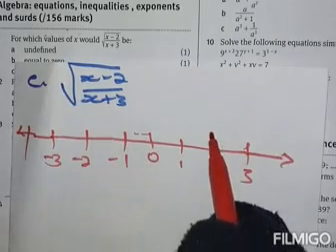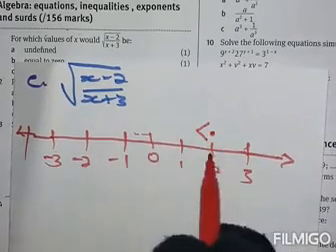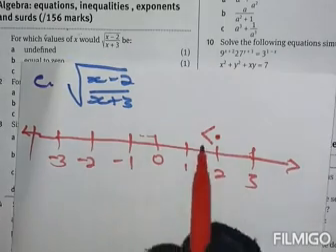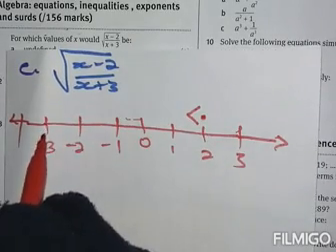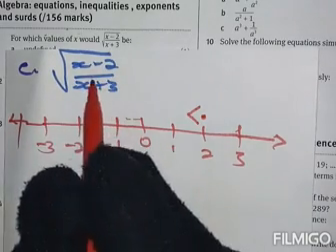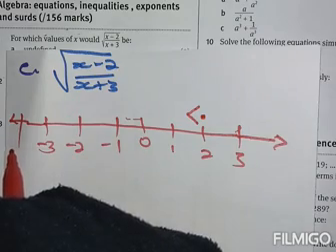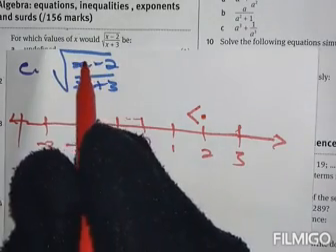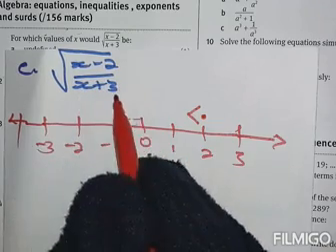But if we continue with this number line, we'll find that if we substitute -3, this expression becomes undefined. But if we substitute -4, we have a negative number over a negative number, and a negative number divided by a negative number gives us a positive number.